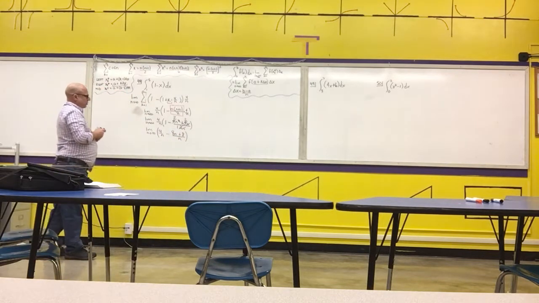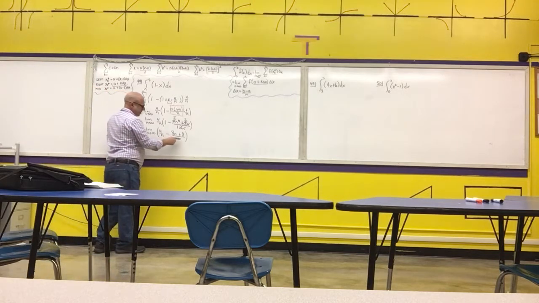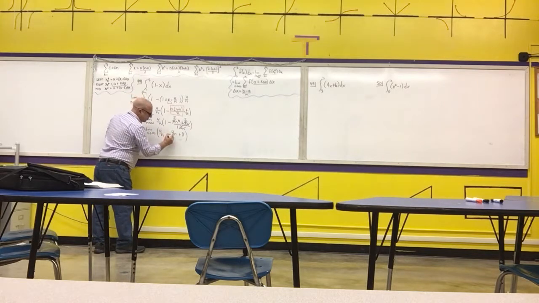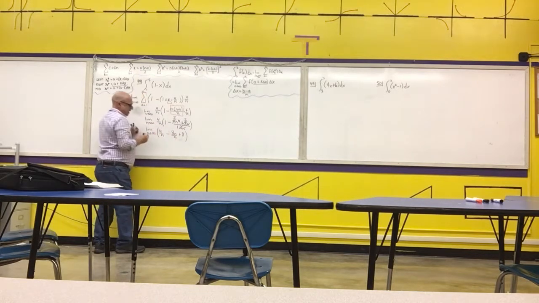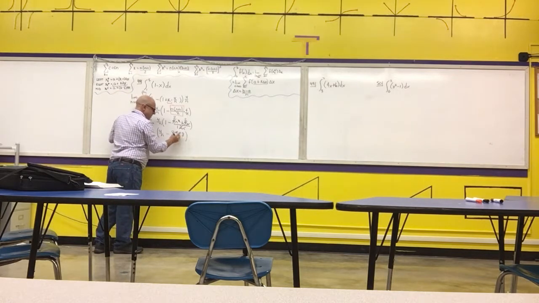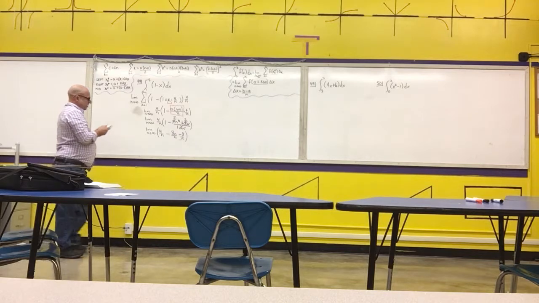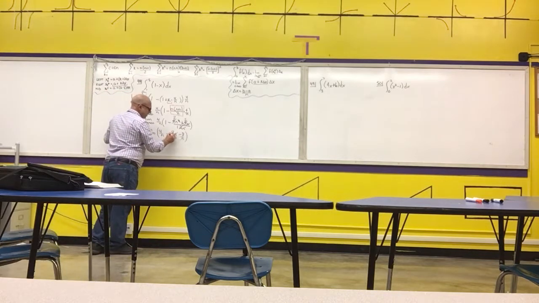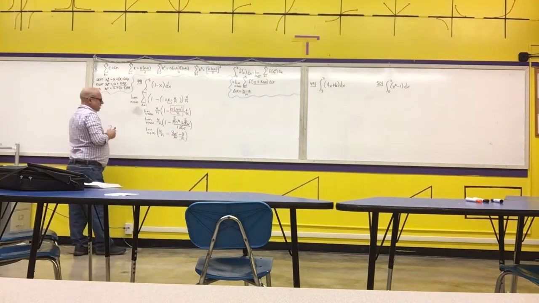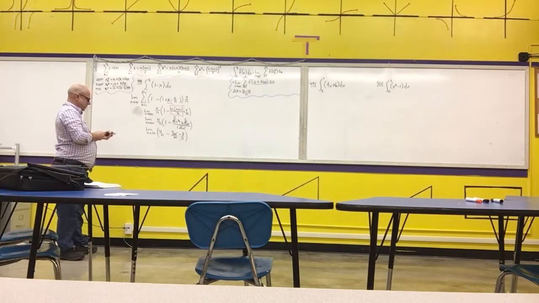I am going to rewrite this a little differently. That 8n plus 8 over n, I'm going to write as minus 8n minus 8 over n. And if you will notice that these n's cancel, and now I can actually take the limit.